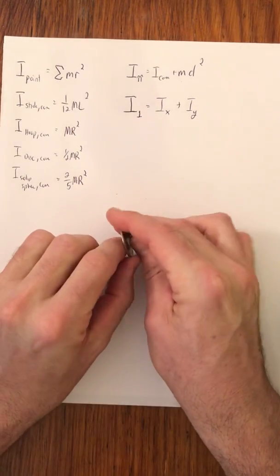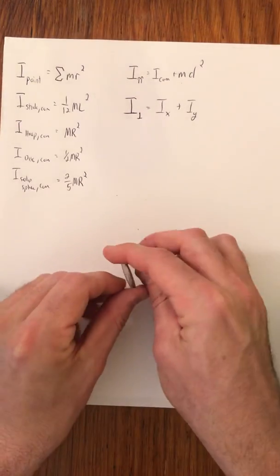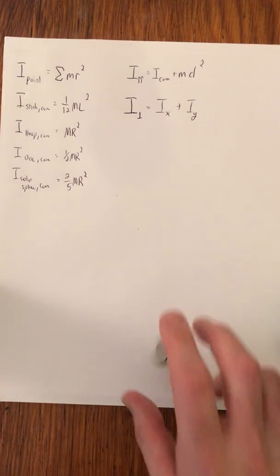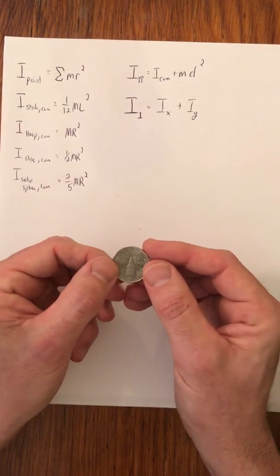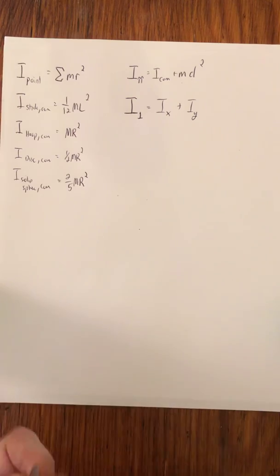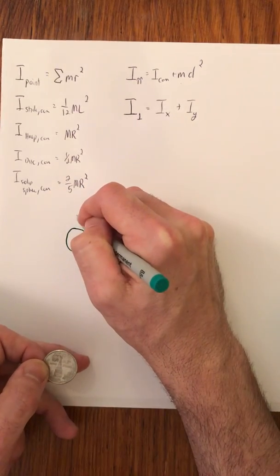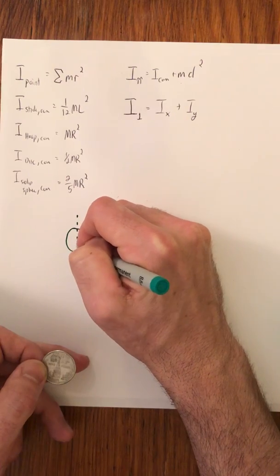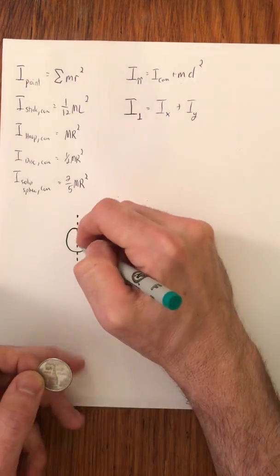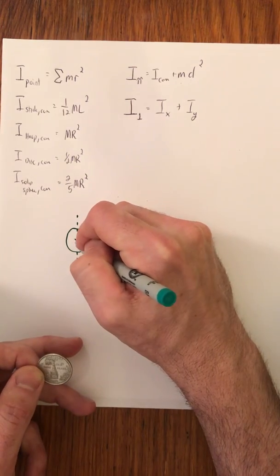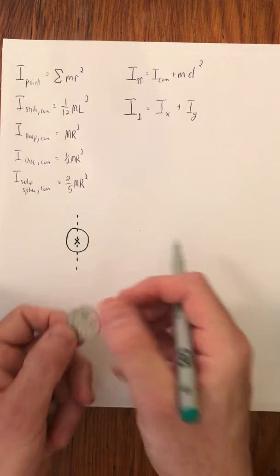So let's talk about how we can find the moment of inertia of a coin like this, and then we can kind of see how we can extrapolate that outwards. So if you think about that, just to draw it, here's my coin. When I'm rotating it like that, I'm rotating it about an axis like this. Now, I happen to know what the moment of inertia is through an axis that goes through the coin like that.